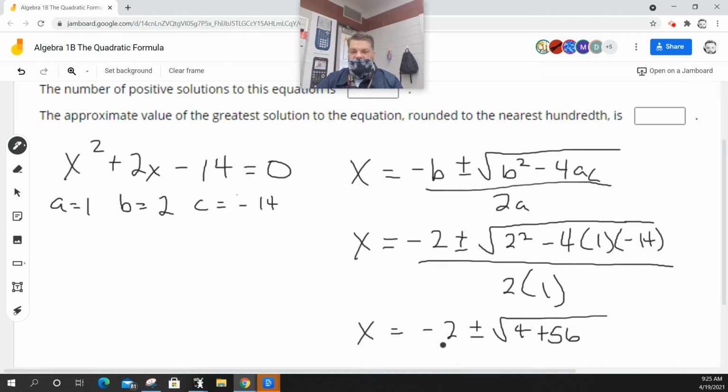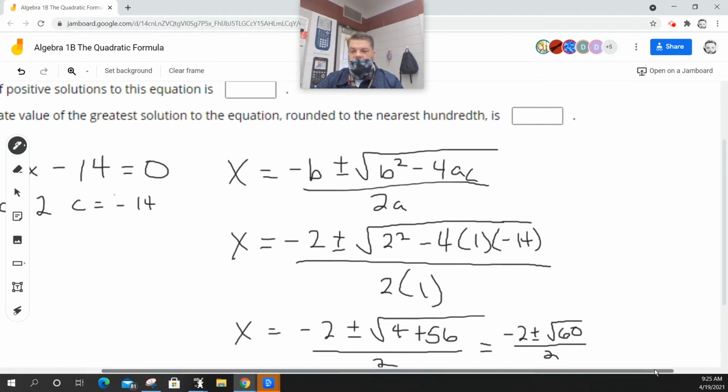We'll double check this in a second. All over 2. Well, that will give me negative 2 plus or minus the square root of 60 all over 2, which can be reduced down to negative 2 plus or minus the square root of 4 times the square root of 15, right?